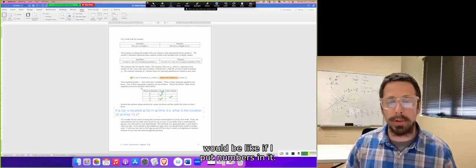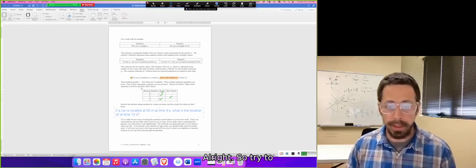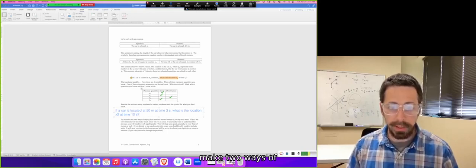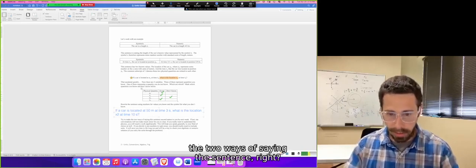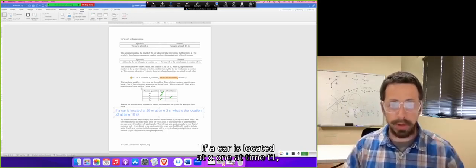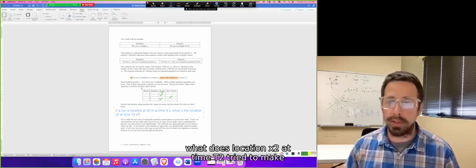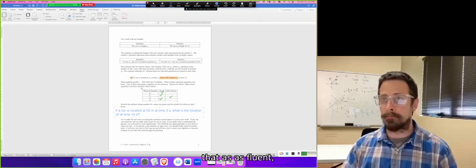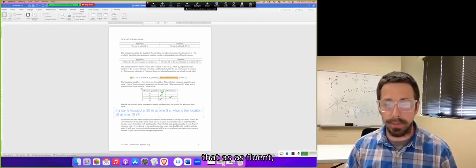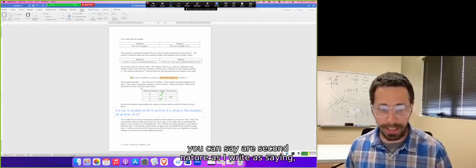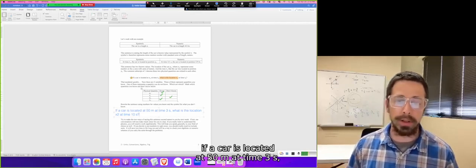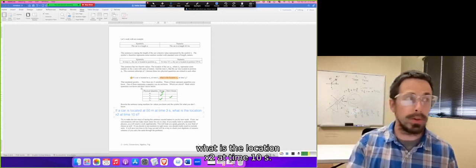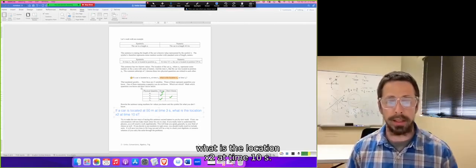That's what this would be like if I put numbers in it. So try to make the 2 ways of saying this sentence: if a car is located at x1 at time t1, what is the location x2 at time t2? Try to make that as fluent, or as second nature, as saying if a car is located at 50 meters at time 3 seconds, what is the location x2 at time 10 seconds?